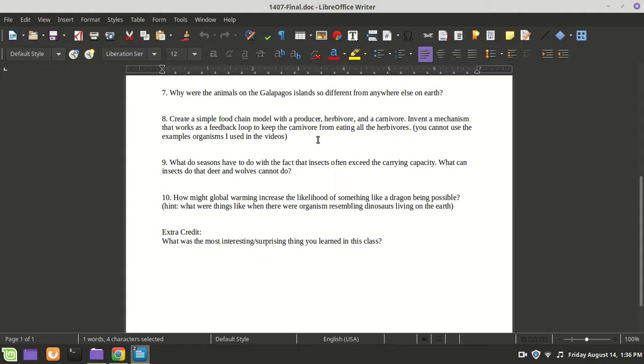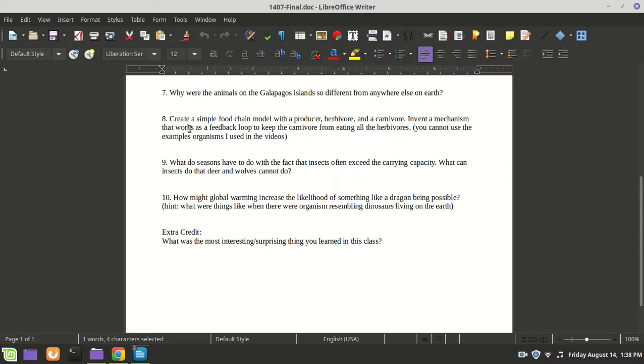All right. Create a simple food chain. Now at the end here, I gave you some videos on how to do these little food chains and these little models of organisms. So I want you to create one of those little models: a producer, a herbivore, and a carnivore, but don't use the ones that I used. Use different animals. And then for the wolfsbane part, you need to create something else.